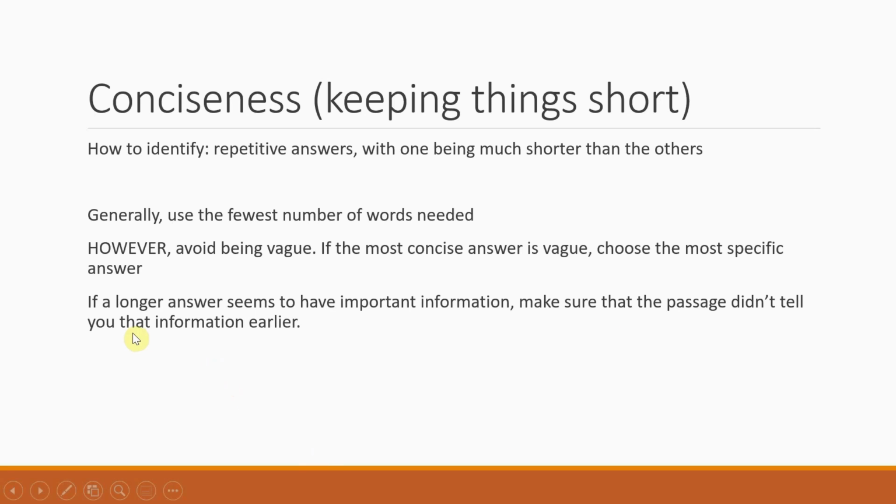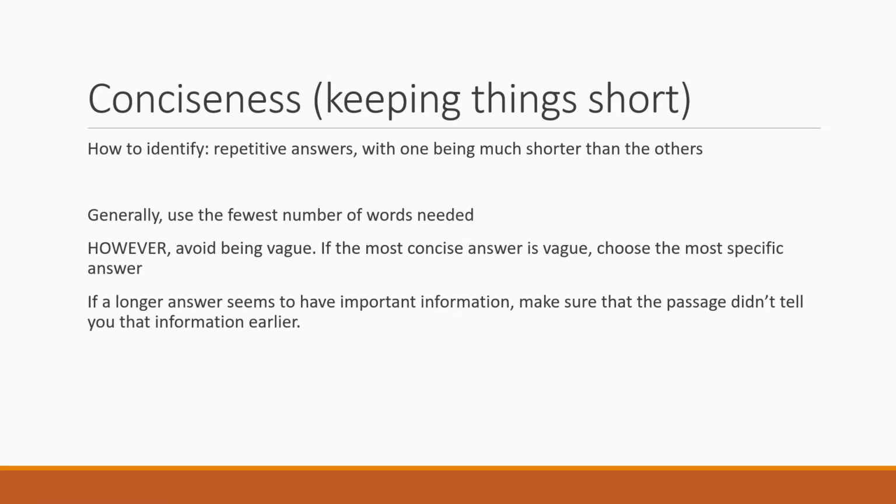If you happen to come across what definitely looks like a conciseness question, but there seems to be a longer answer that you really think has some important information that's getting cut out in the shorter answer, pause for a second. They love to do this trick where they actually already told you that information in the passage in a different sentence.